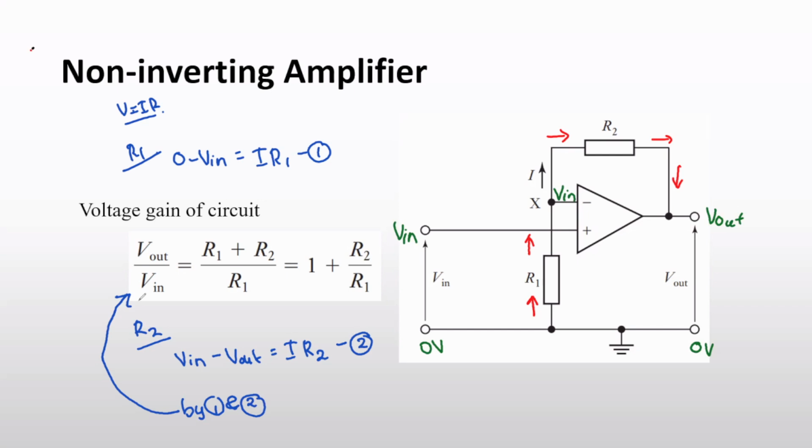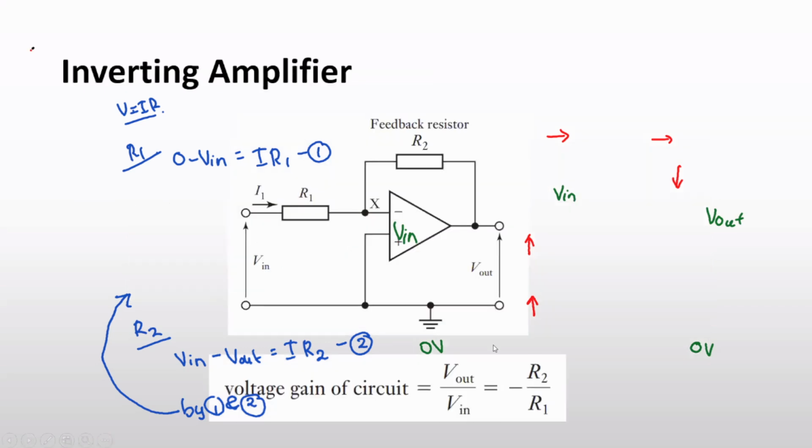It is the voltage gain of the non-inverting amplifier. So now you can see here the voltage gain is minus R2 over R1.